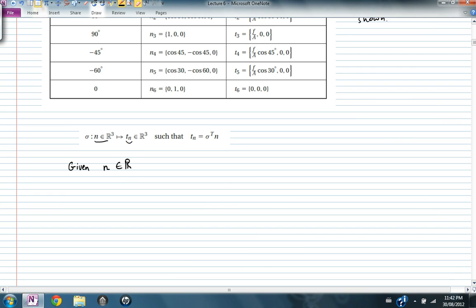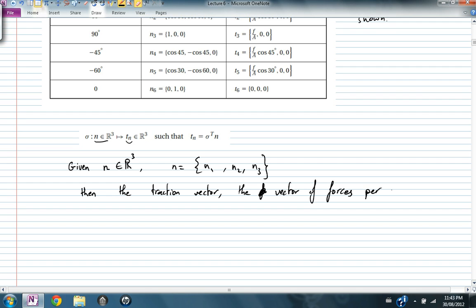It means the following. Given n in R3, where n is equal to n1, n2, n3, a vector with 3 components, then the traction vector, which is the force, or the vector of forces, per unit area acting on the plane perpendicular to n.